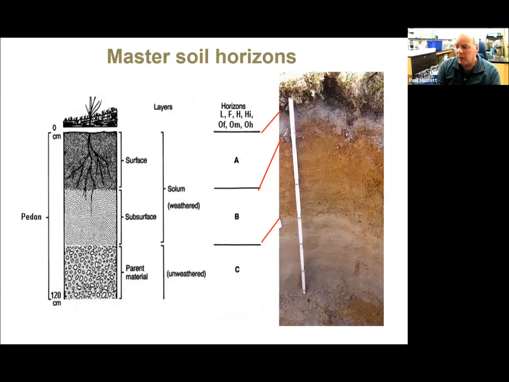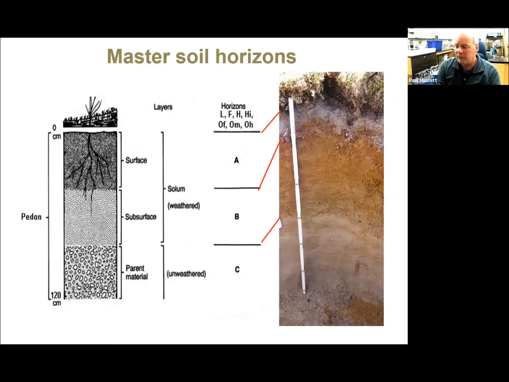The O horizon underneath that shows OF, OM, OH. It's not actually shown in this diagram, but those are the organic horizons that we would have in a purely organic soil, where we have organic parent materials that I talked about, where these are wetland areas, peatland soils, where we have these three different horizons. So again, it differentiates the upland soil from the wetland soil.